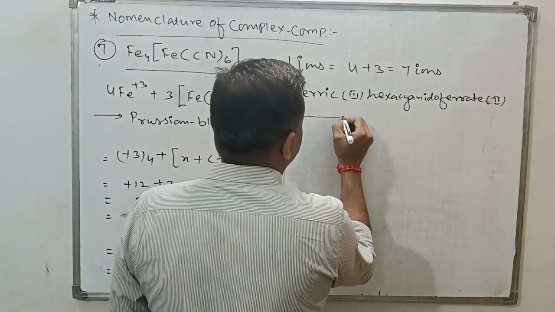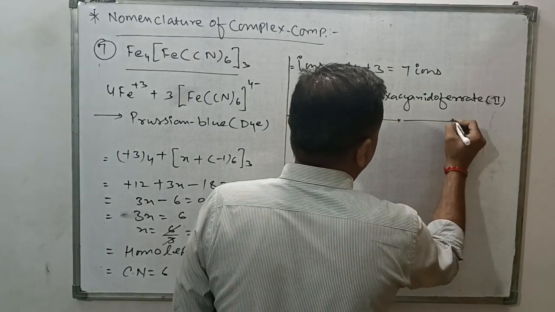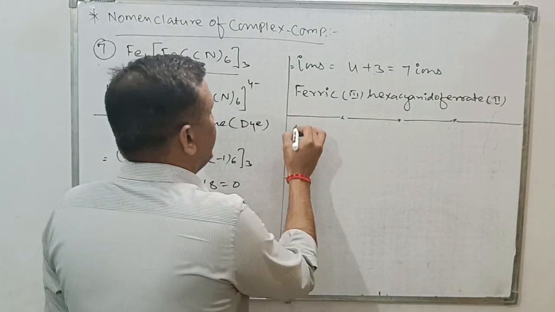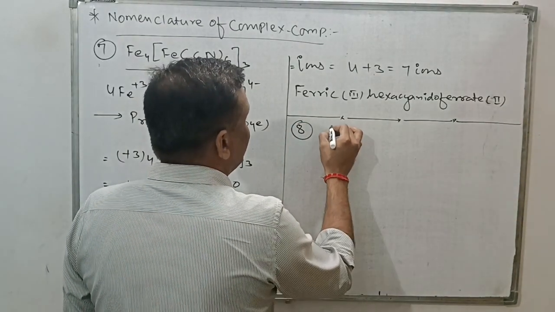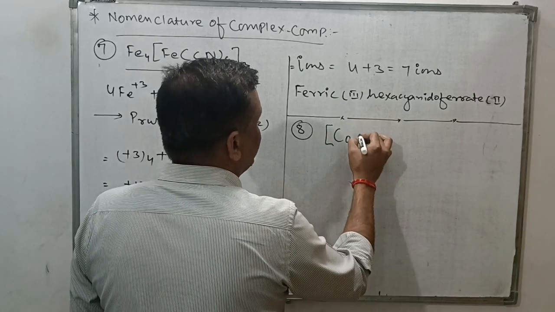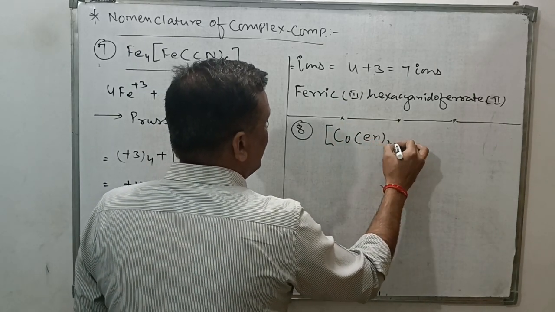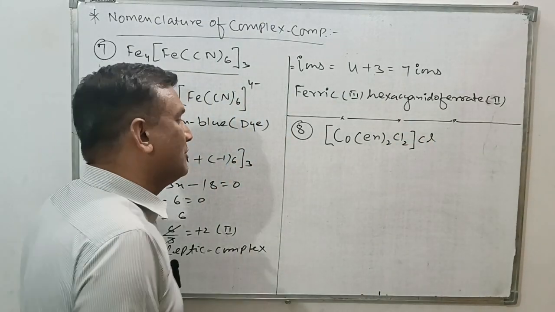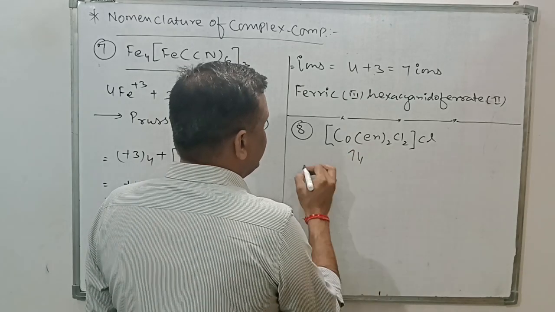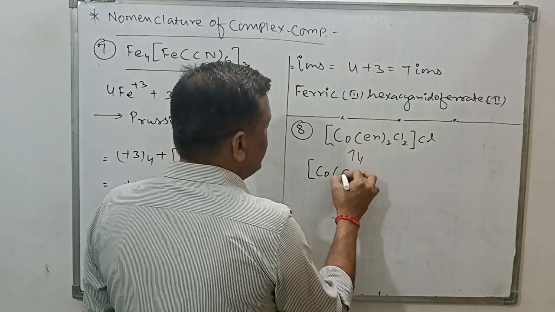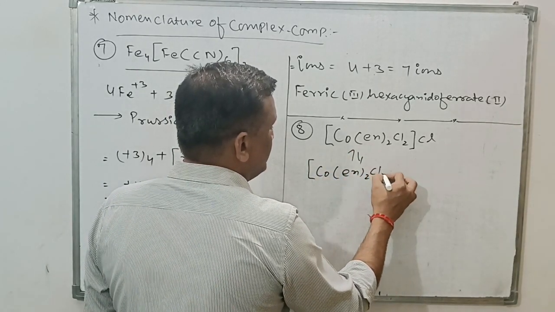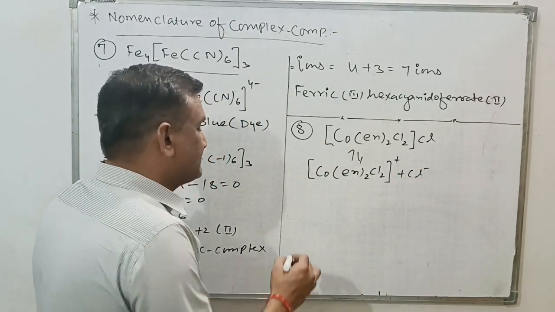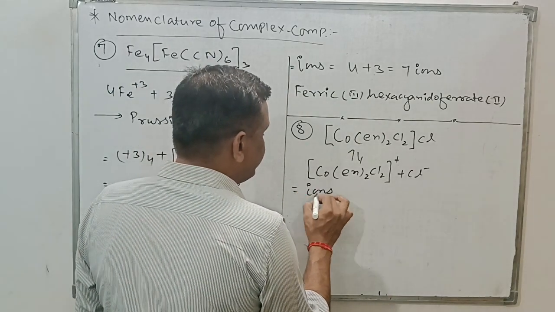Now the time to discuss a very important compound. Here it may be as follows: [CoEn2Cl2]Cl. First of all, you have to go with the ionization. This will ionize as follows: [CoEn2Cl2]+ and Cl-. First we'll go with the number of ions.